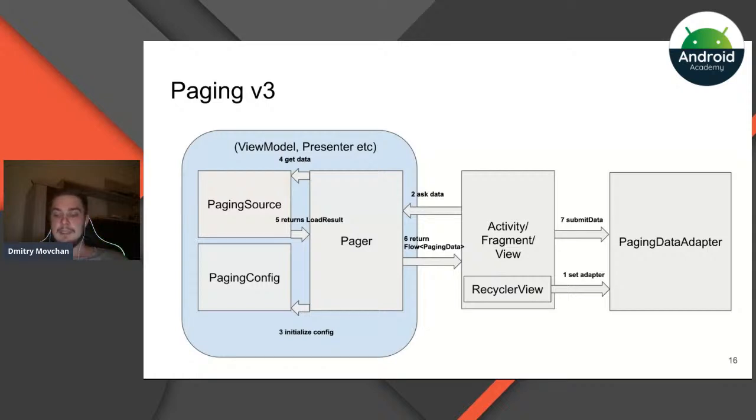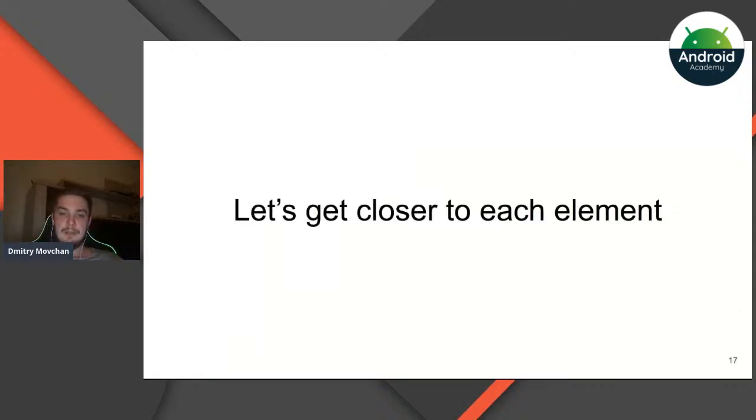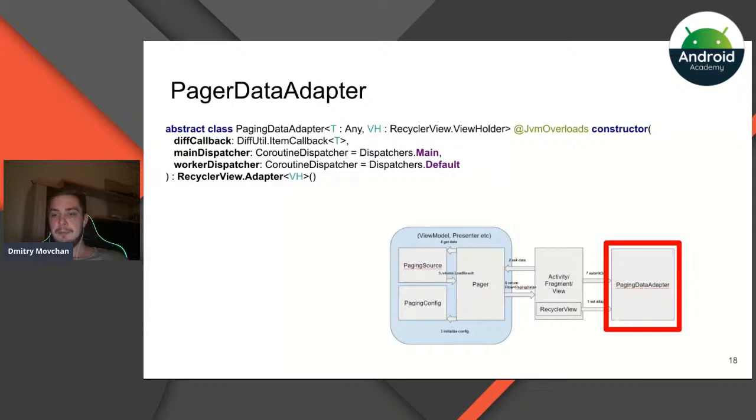So let's look at each element more closely, and we will start with PagingDataAdapter. This is the usual adapter that extends RecyclerView.Adapter, and the only thing that is really different is that we should pass a DiffCallback to the constructor. We will see later why we need it. Also, we can pass the main dispatcher and worker dispatcher.